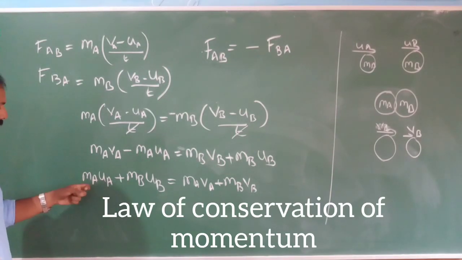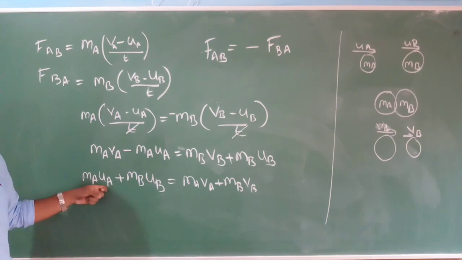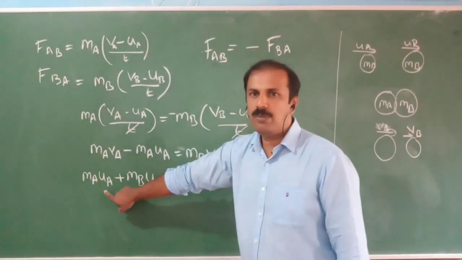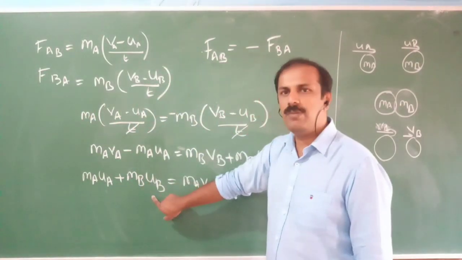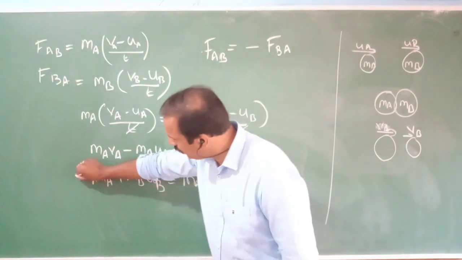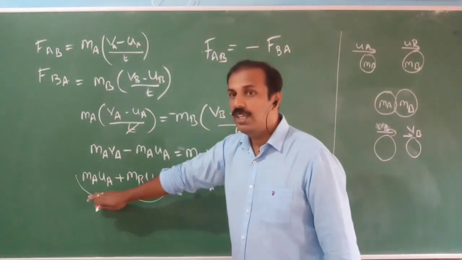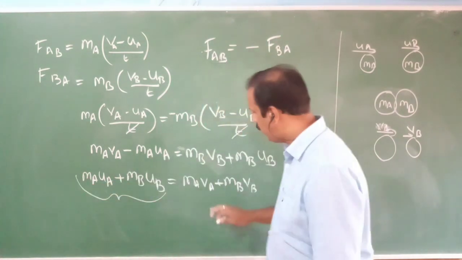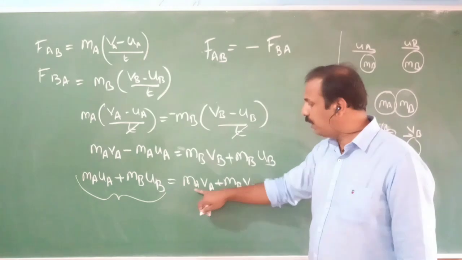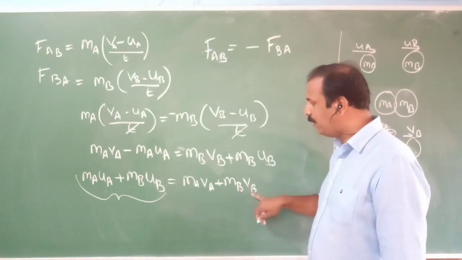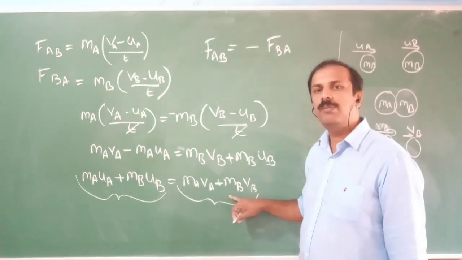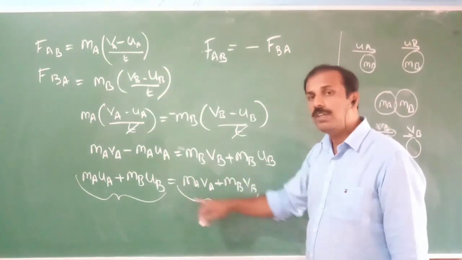Mass of object A into initial velocity of object A. That is the initial momentum of A. This is the initial momentum of B. So this total is the total initial momentum. What is MA VA? The final momentum of A. This is the final momentum of B. So this total is the total final momentum.